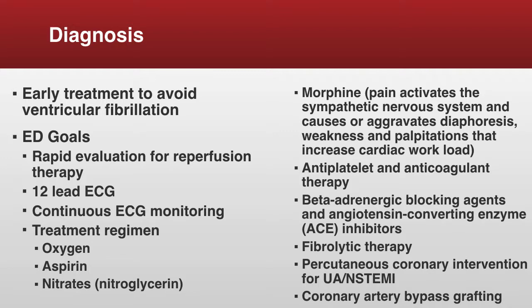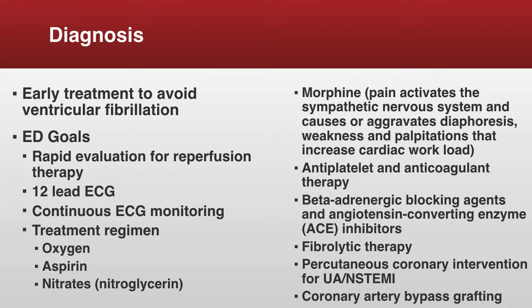The emergency room goals are rapid evaluation so that they can start reperfusion therapy, getting a 12-lead ECG, continuous ECG monitoring to see any changes. Remember, we're looking for these ST elevations or depressions. We're also looking for that inverted T wave.